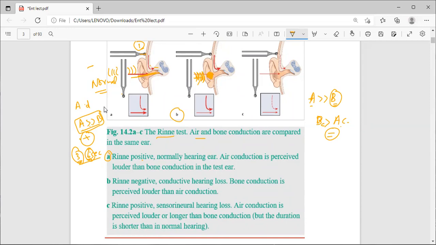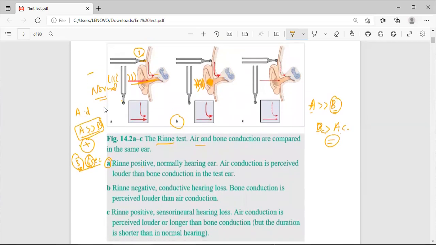Now I hope you people understood. Now moving to the third one, which is Rinne positive sensory neural hearing loss. Normally, you check for conductive hearing deafness first. This is the first test to be done in the hearing test. You strike the tuning fork and place it here and here.